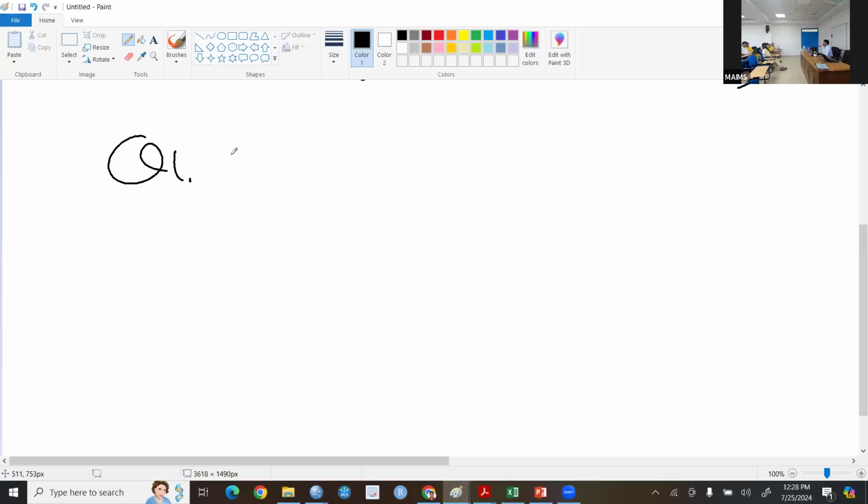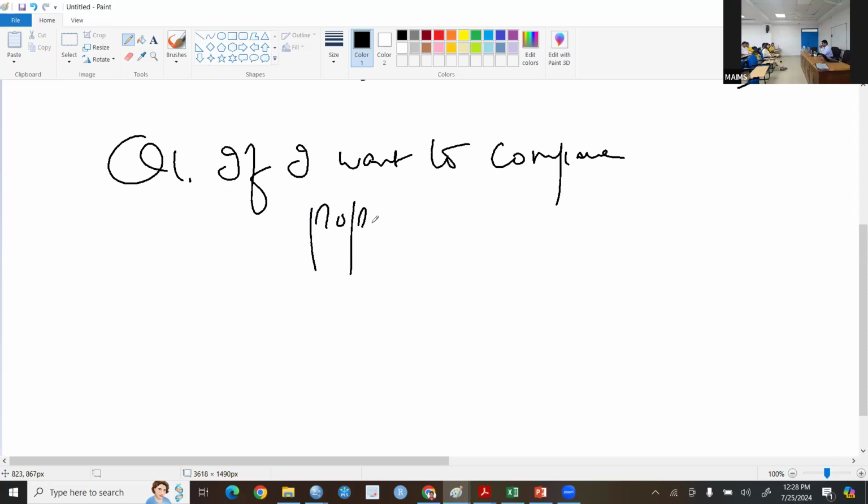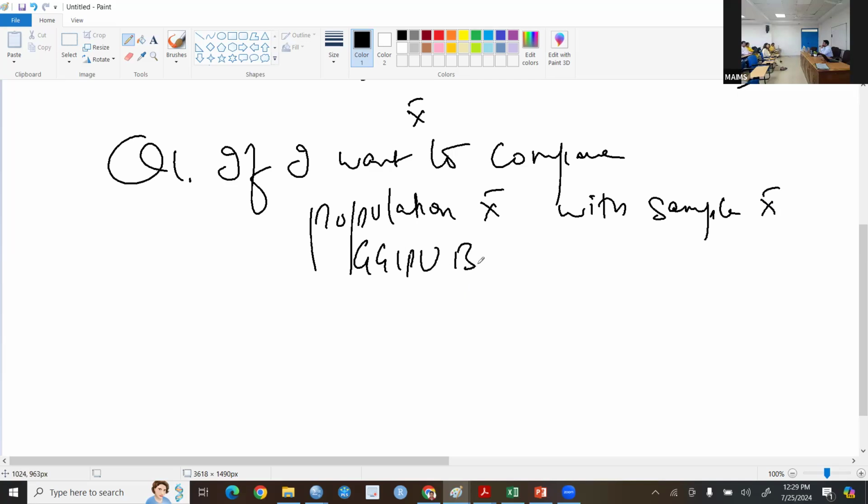First objective: if I want to compare population mean, now I am working on parametric first. The next 20 minutes is on parametric. I want to compare, so I will work with mean. If I want to compare population mean with sample mean, let us say the GGIPU BBA mean.